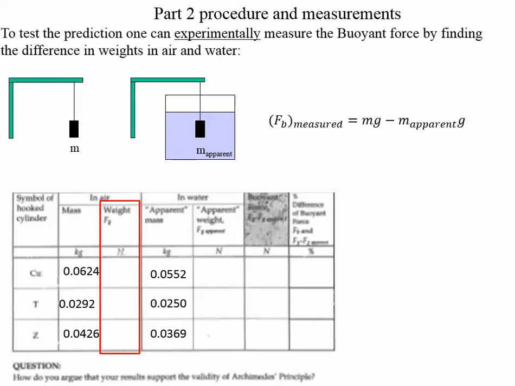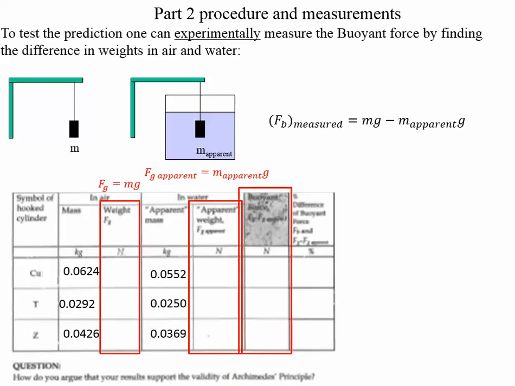The weight column is just calculating the weight, mass times g. The apparent weight is taking the mass in water and multiplying by g. The experimental buoyant force, as we already discussed, is the difference between the weight in air and the weight in water.